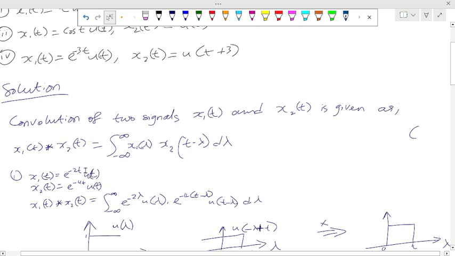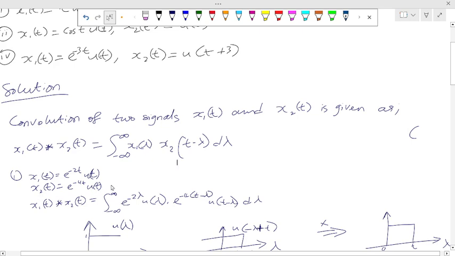But anywhere you see t, you put lambda. Are we together? So you change where you have t to lambda. Now it will be e raised to power minus 2 lambda u of lambda, multiplied by x2.